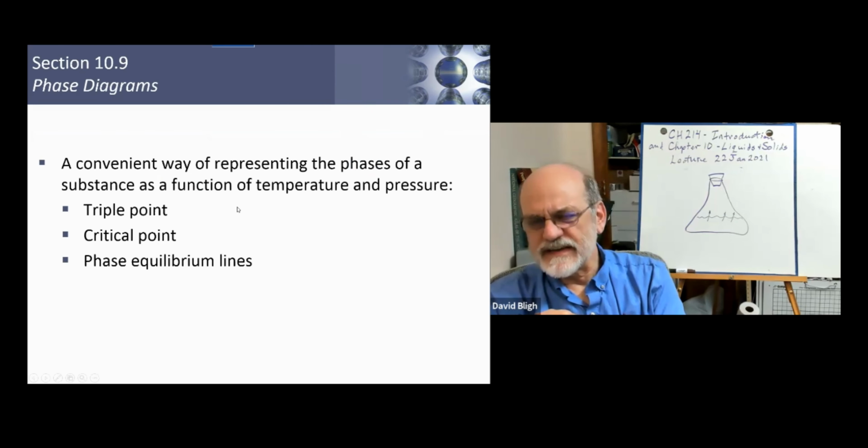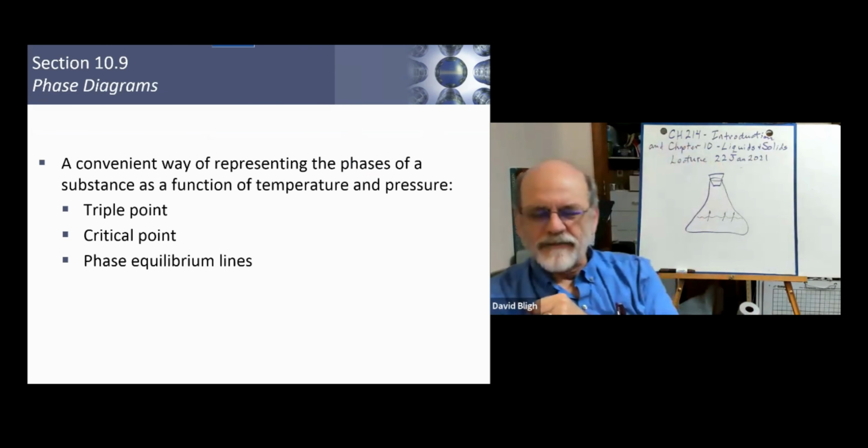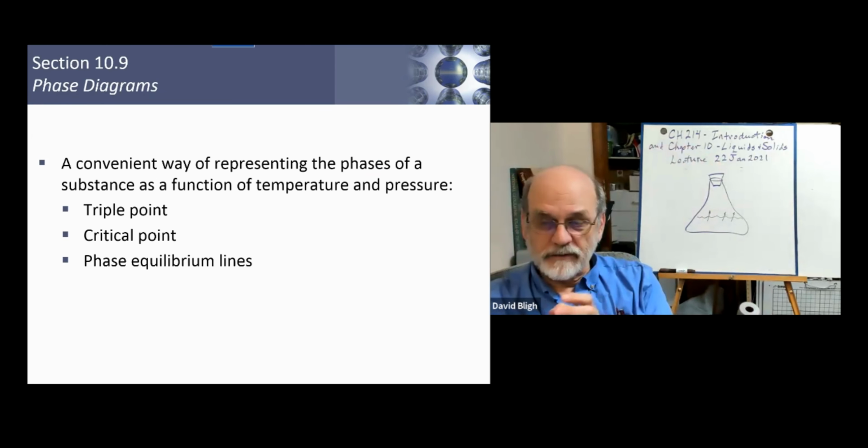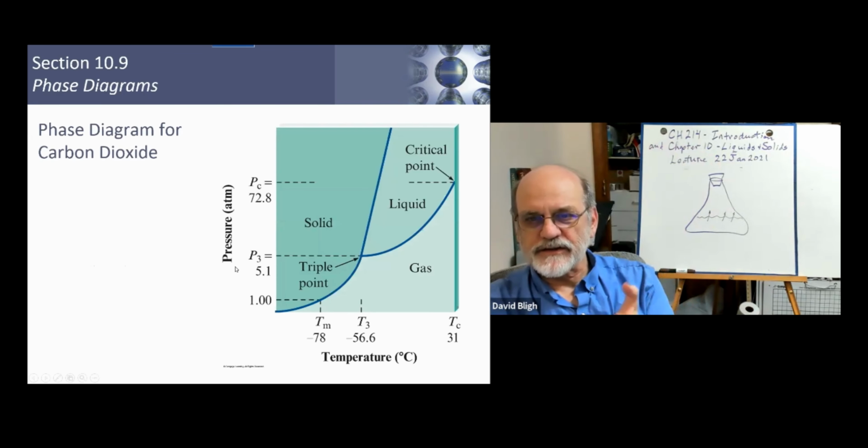Okay, so what's a phase diagram? A phase diagram can be very simple or it can be very complex. But what it does is these items are included, but they don't make any sense until I show you what one looks like. So this is a phase diagram for carbon dioxide.